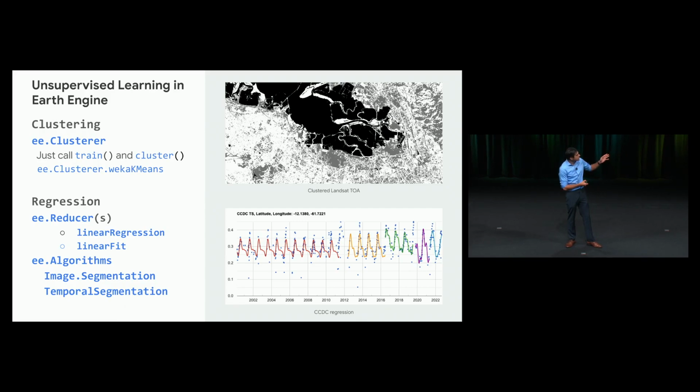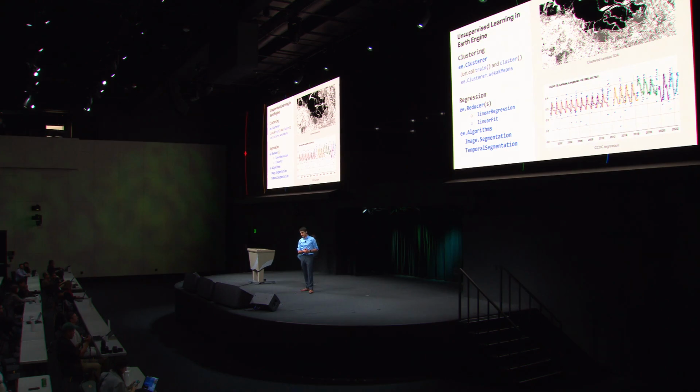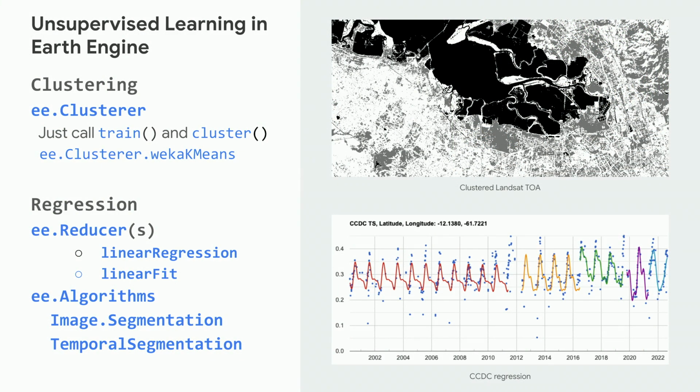On the image here on the right, in the top right, we see just black, white, gray. That's just automatic clustering of some radiance values from some top of atmosphere from Landsat. That's really useful if you want to get a feel for if there are any potential patterns in data and you don't really have a starting point. That's a good place to get some initial insights from.